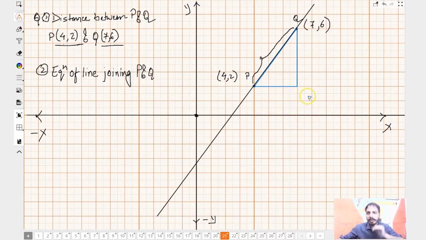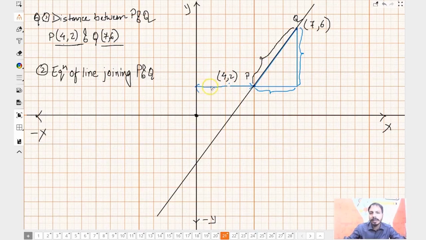Now in this triangle we need to find out this length, or in other words this hypotenuse is what we need to find. So if we can find out this length and this length, we can find out the distance between these 2 points. Now we know this length. What is this length?